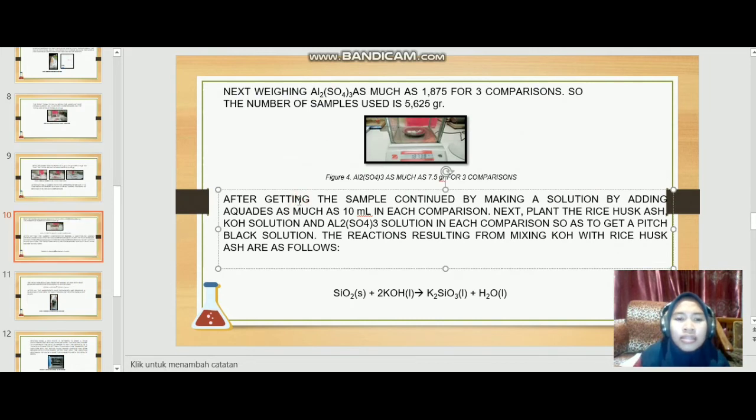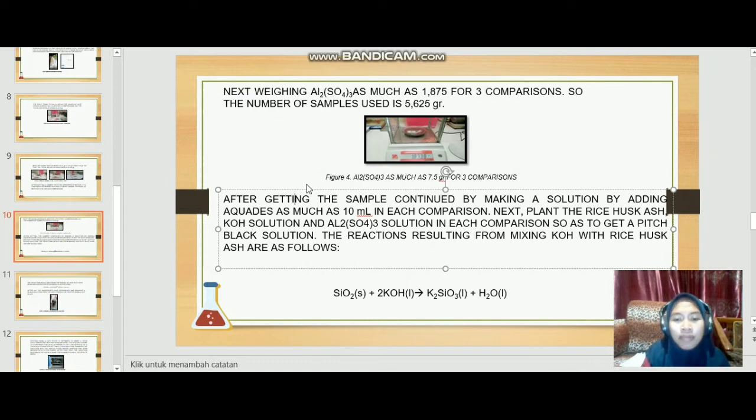Okay, next, weigh Al2(SO4)3 as much as 1.875 gram for 3 comparisons, so the total sample used is 5.625 gram. This is the picture.